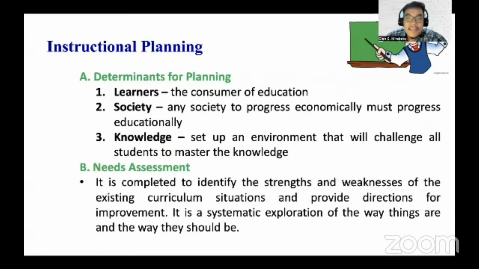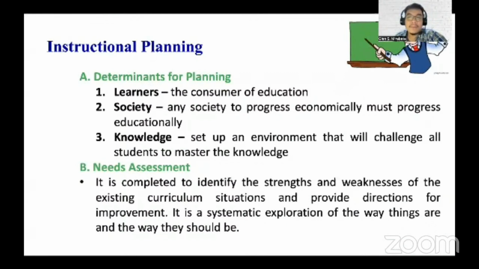It is actually done to identify the strengths and weaknesses of the existing curriculum situations and provide directions for improvement. It is a systematic exploration of the way things are and the way they should be. So we need to ask the students what would be their best choice or best course in that. That's why we have here the selection of courses, right?